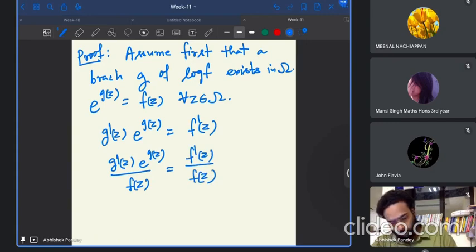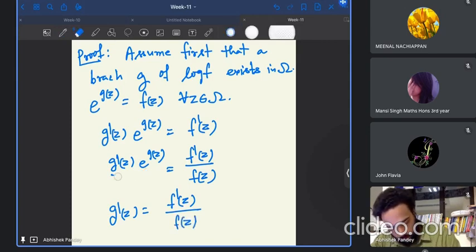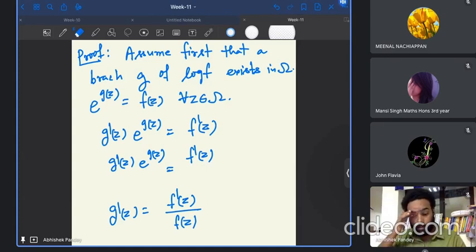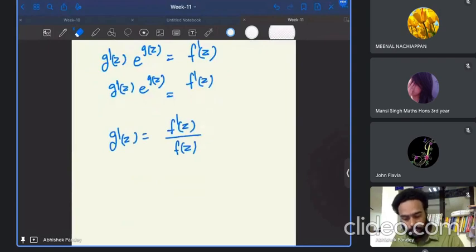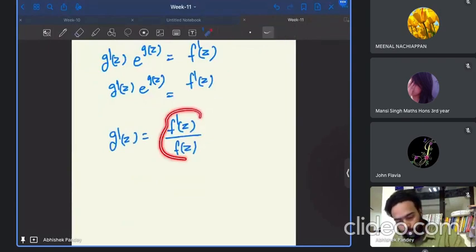Okay. Oh, you don't have to do this. From here only it will come. So e to the power g(z) is f(z) and f(z) is non-vanishing. So g dash z is equal to f dash z by f(z). Now f dash by f(z), this function has a primitive g(z) where g is holomorphic.